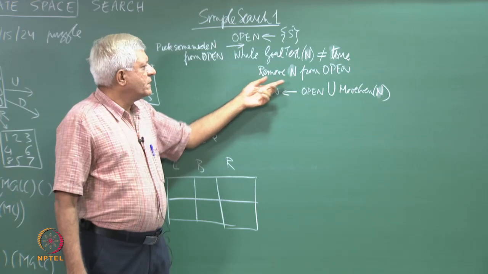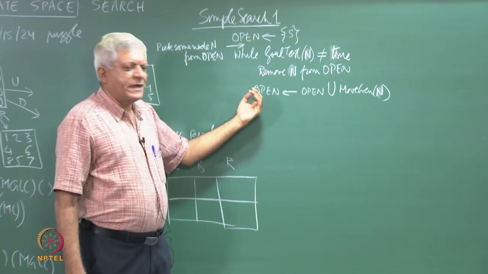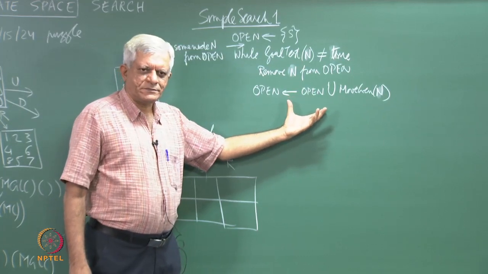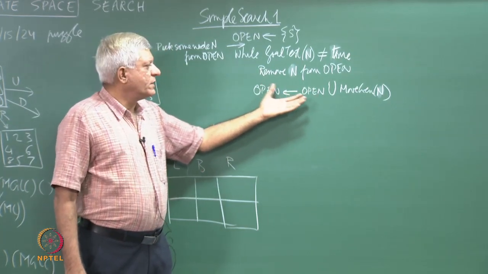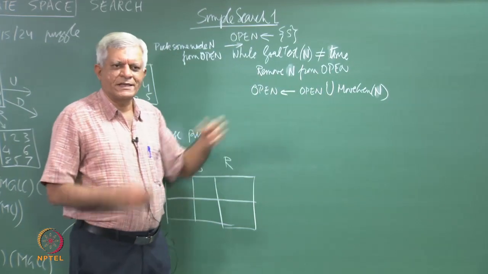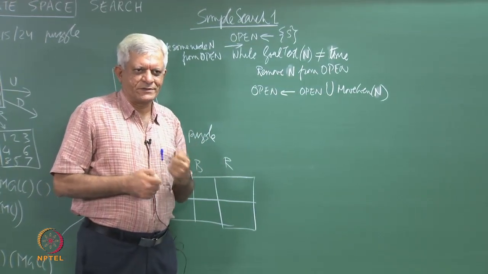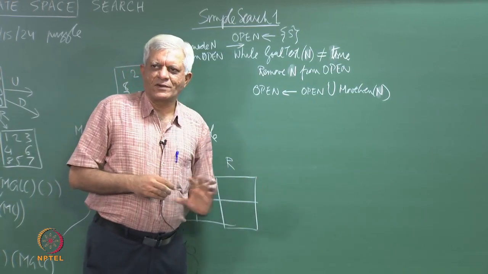If it is not true, we will remove this n from open and add instead the successors or the neighbors of n to open. So, I will keep adding things to my open list and keep picking some element from that, testing for that. So, that is the simple basic idea we start off with essentially.